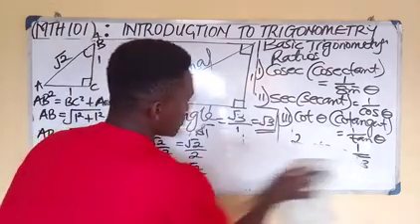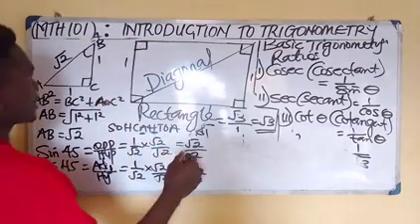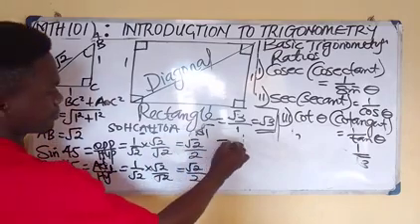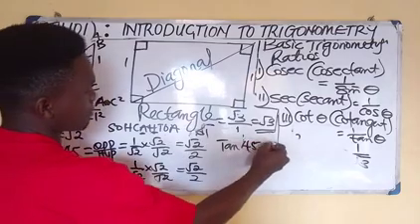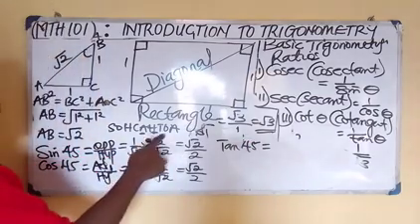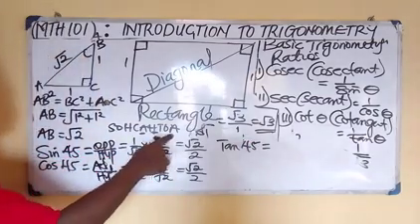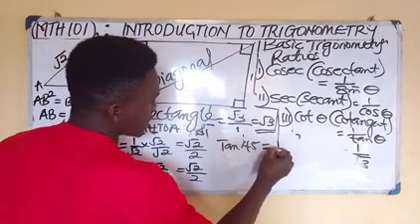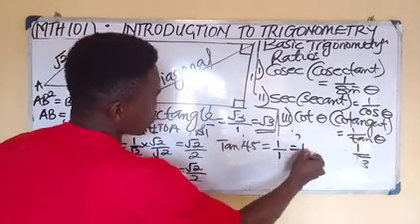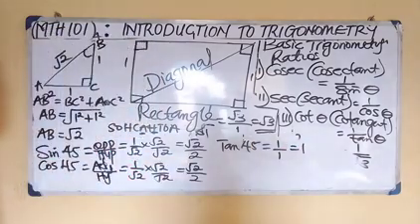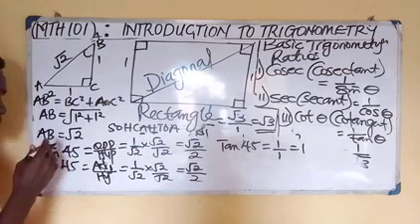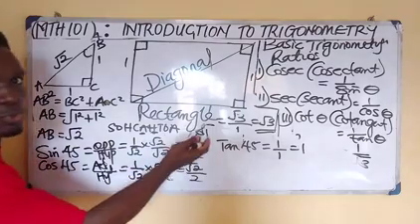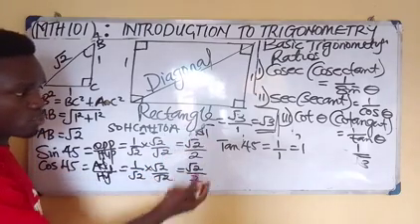Then what about tan? Tan 45. Tan is opposite over adjacent. Opposite is 1, adjacent 1. So equal to 1. The special angles of sine 45 and cos 45 are the same, root 2 over 2.